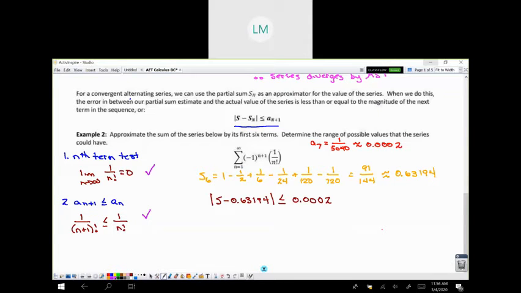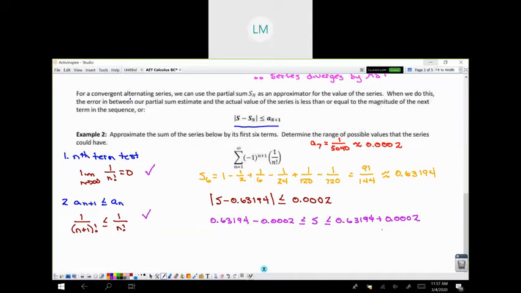Which means if we solve this inequality, we have that 0.63194 minus the 7th term is less than or equal to our series sum, which is less than or equal to our 6th partial sum plus our 7th term.